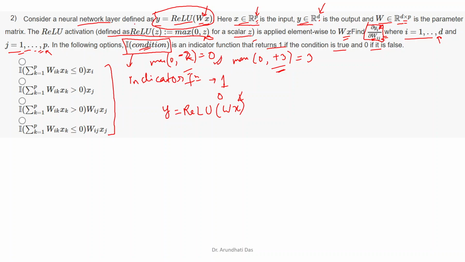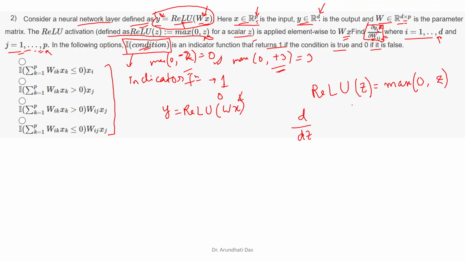Our focus should be on the definition of ReLU, so let me write it side by side. ReLU of any scalar value is max of 0 comma that value. Now I need to find the derivative of y, which is the output after applying the ReLU function on some input value.